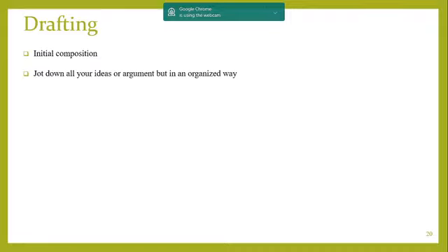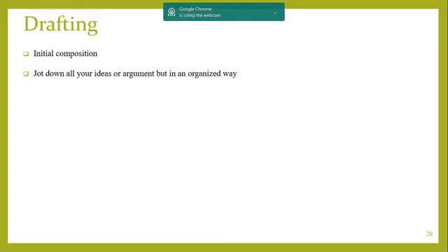And drafting. What is drafting? Now you got your ideas, very initial level ideas. After getting the answers to whom you want to write for, what, when, all the questions, you start drafting. Drafting is nothing but our initial composition.